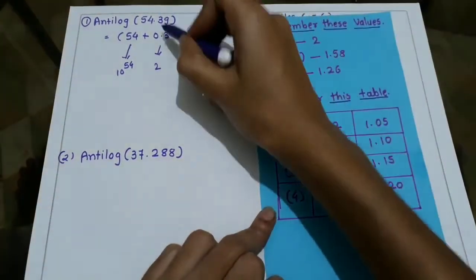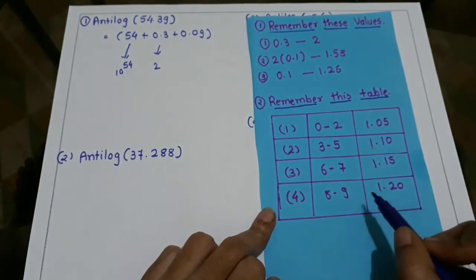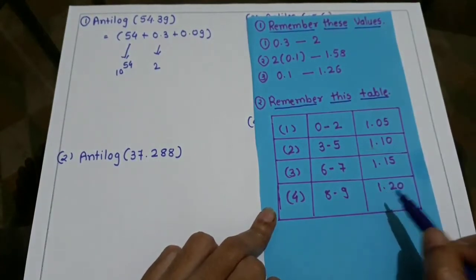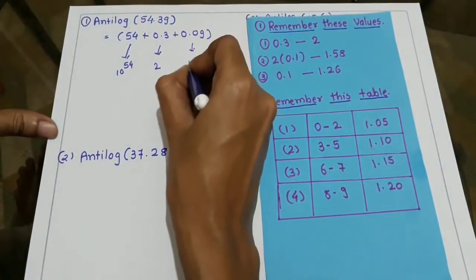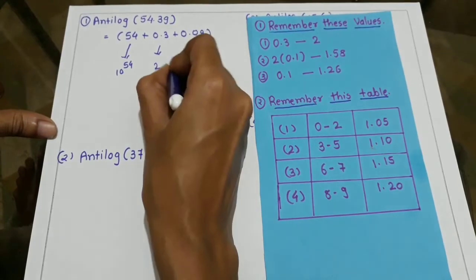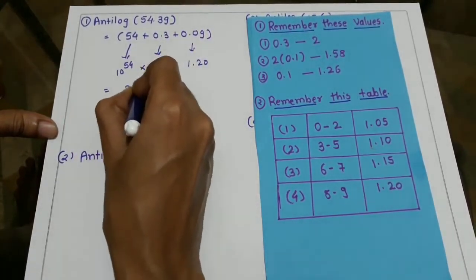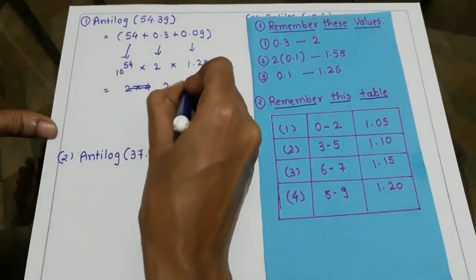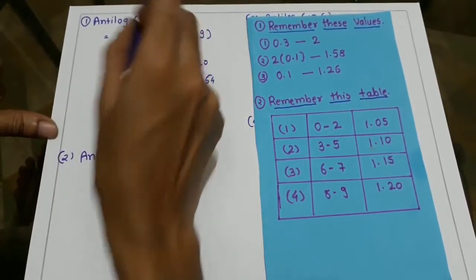Here the last digit is 9, and the value for 0.09 is 1.20. Now multiply all these numbers. We get our final answer 2.40 into 10 raised to 54. This is the value of antilog of 54.39.